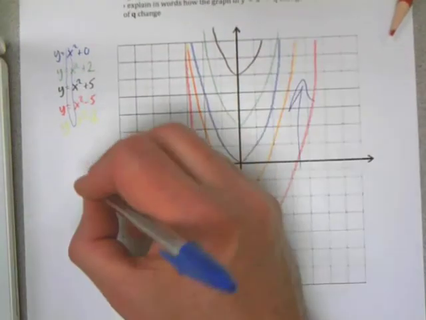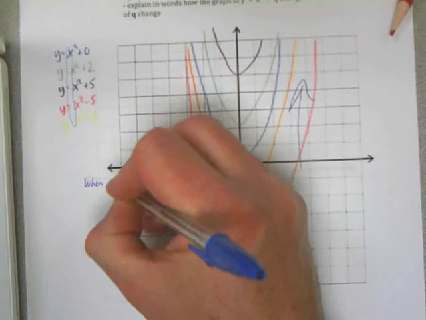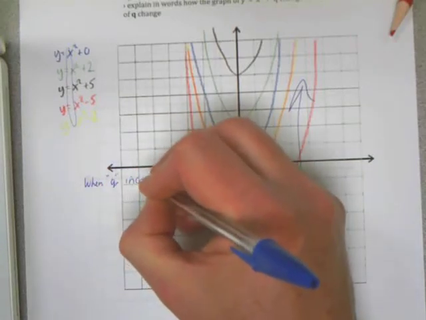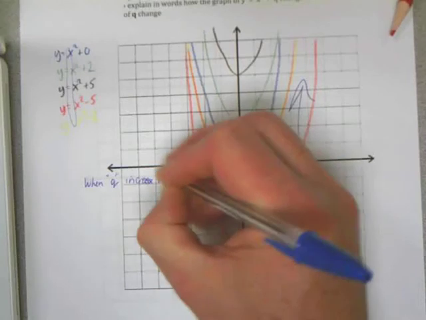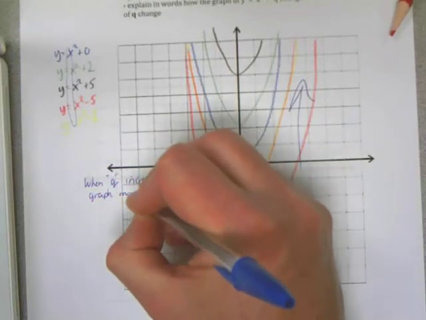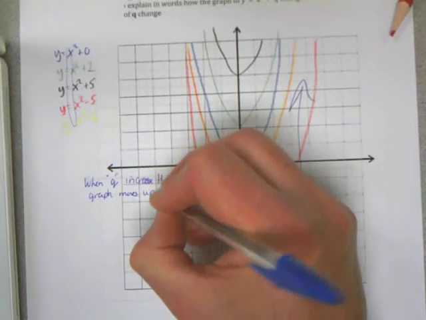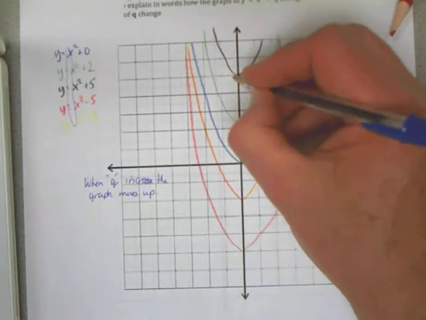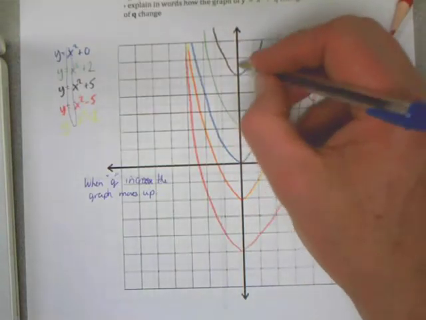So when q increases, the graph moves up. Okay, so 0, 2, 5. So as it increases, it gets higher and moves up the graph.